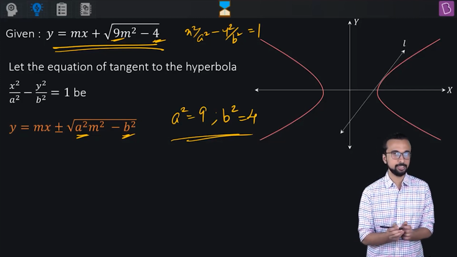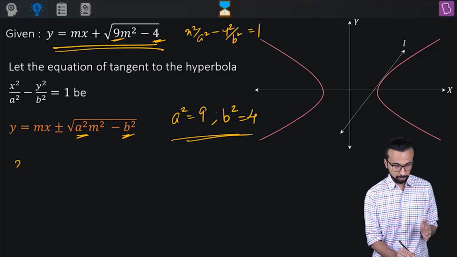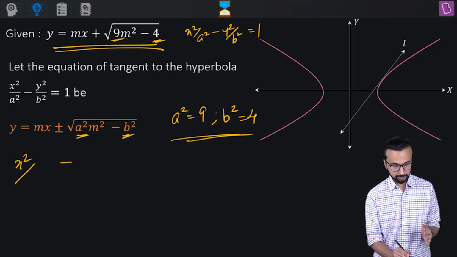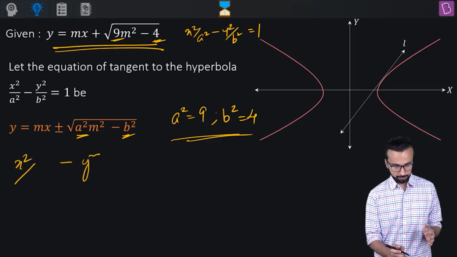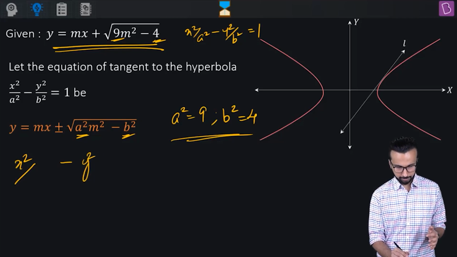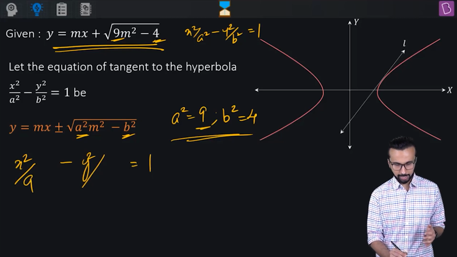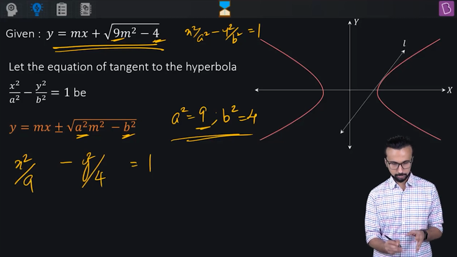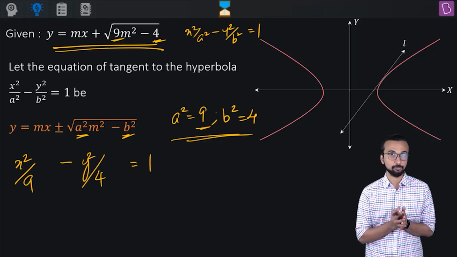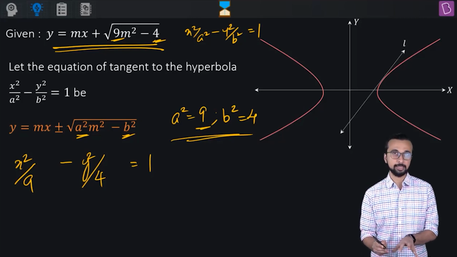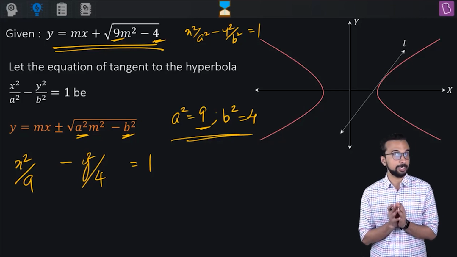Now, let's plug this into the equation of the hyperbola, because that is what I'm trying to find here. x square by a square minus y square by b square equal to 1. And we have a square equal to 9 and b square equal to 4. So this is the equation of my standard hyperbola. And in the options, we didn't see any denominator there.